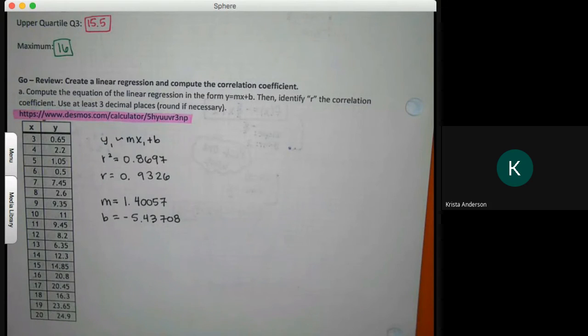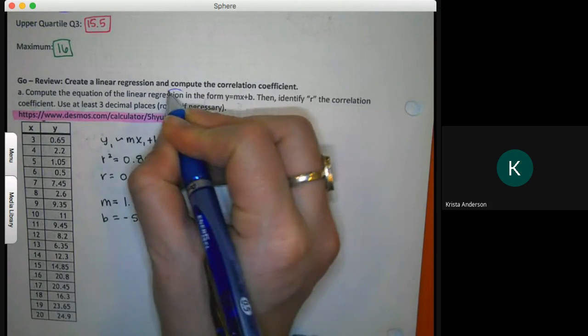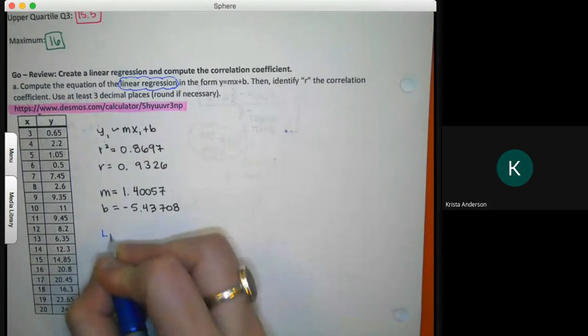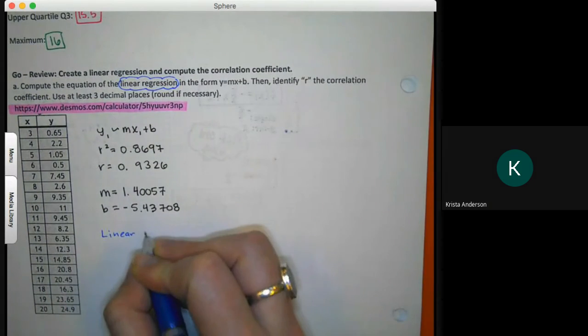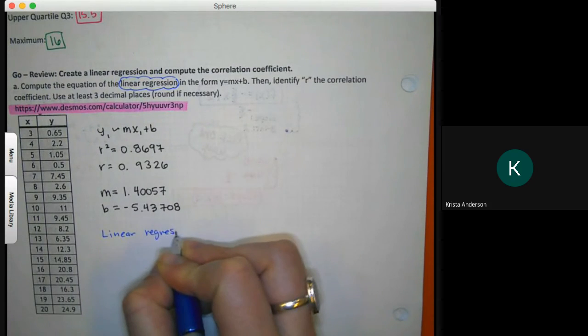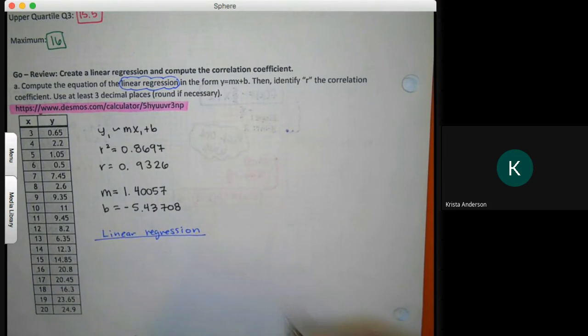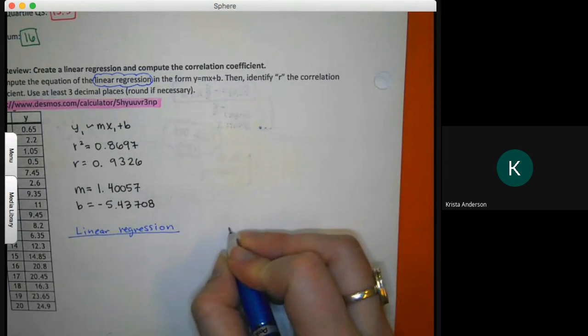Who knows what the linear regression would be? Okay, that is the correlation.